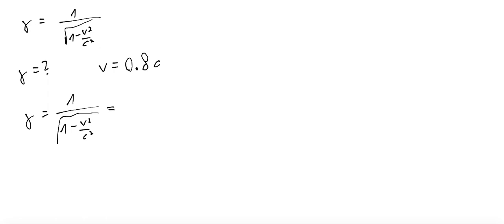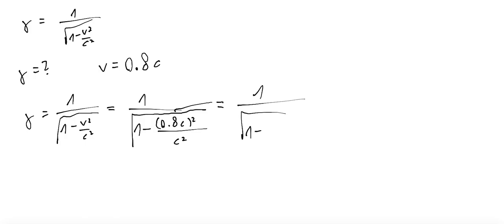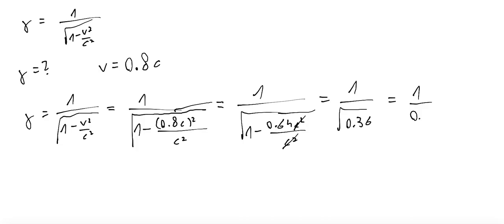You don't need to transform speeds to the speed of light in standard units, 3 times 10 to the power of 8. You can write this in the form of, instead of v, 0.8 c. Remember that in the equation it is v squared divided by c squared, and the square root of 0.8 squared is 0.64, c squared divided by c squared, you can cross out c squared. 1 minus 0.64 is 0.36, and the root of 0.36 is 0.6.